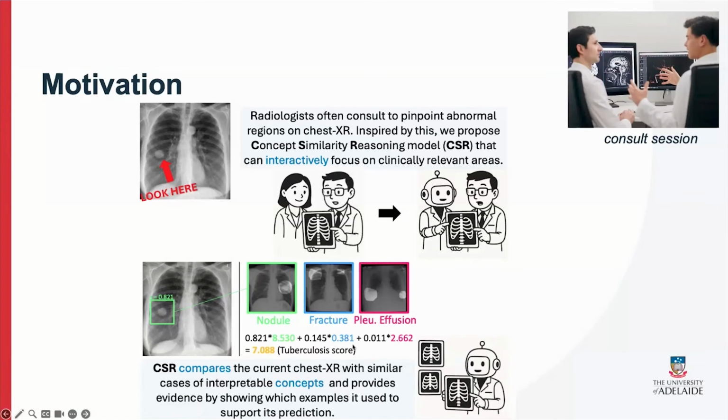Here we see that the nodule has a very high weight of 8.5, while fracture and pleural effusion have relatively lower weights, as they are not relevant to tuberculosis. So CSR will compare the X-ray with similar cases of interpretable concepts and provide evidence by showing which examples it used to support its prediction.